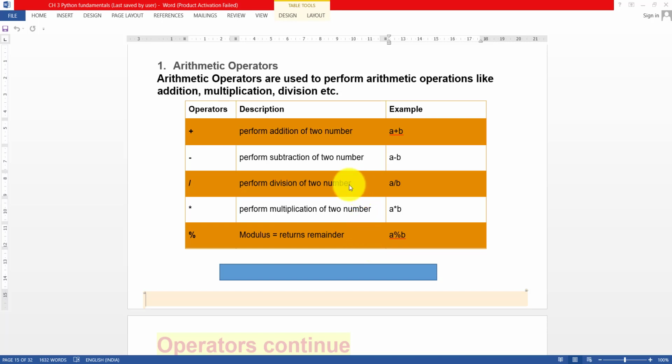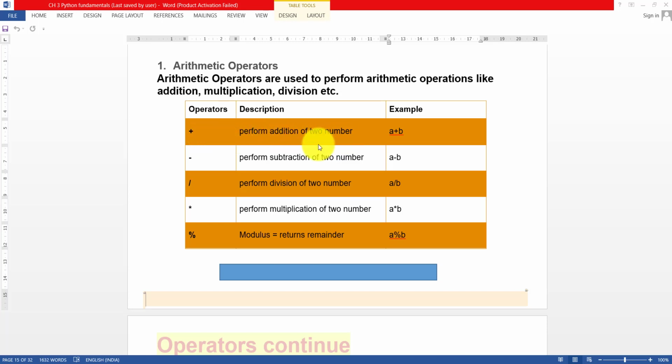Arithmetic operators are used to perform arithmetic operations like addition, multiplication, division, subtraction, and modulus. Such operations are performed with the help of arithmetic operators, and you know very well, the plus sign is used for the addition of two numbers.